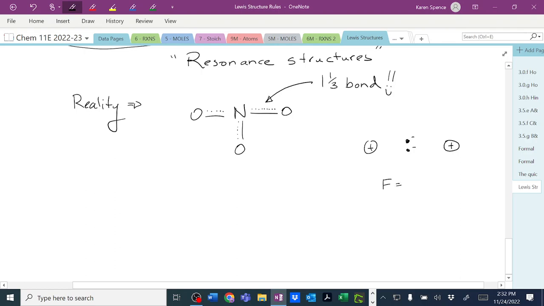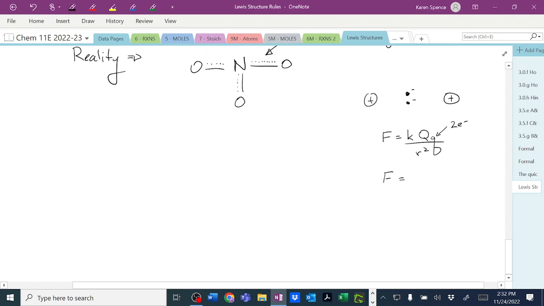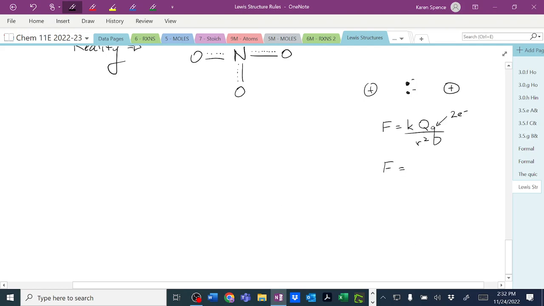F is equal to K Q Q over R squared, or you can write Q1, Q2. Either way is fine. Charge 1, charge 2. And let's say that this is charge 2, this is 2 electrons. What does R stand for, by the way? Distance between the charges.